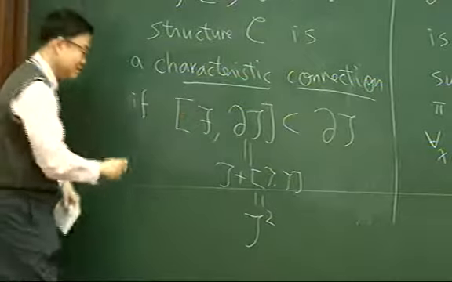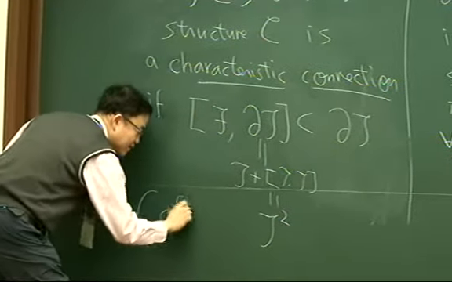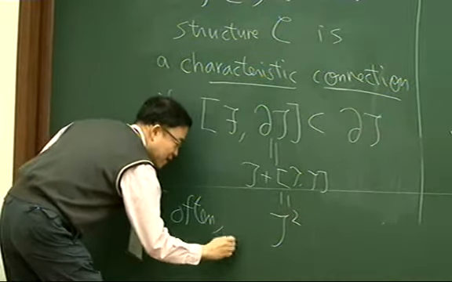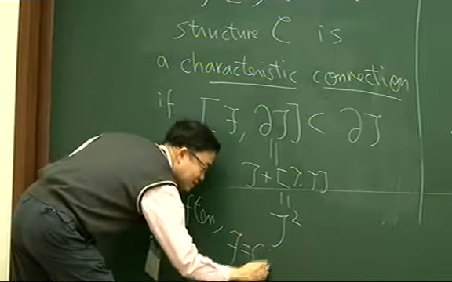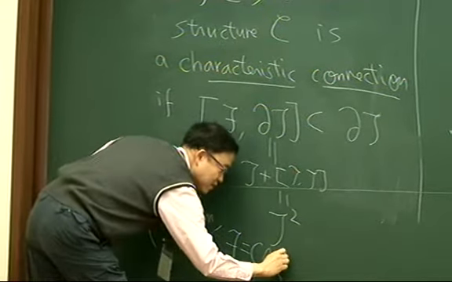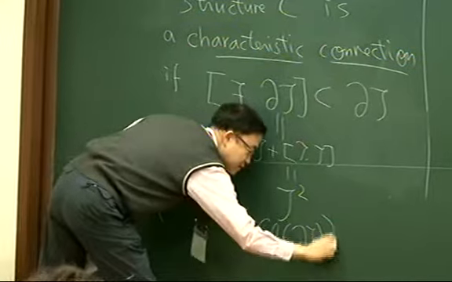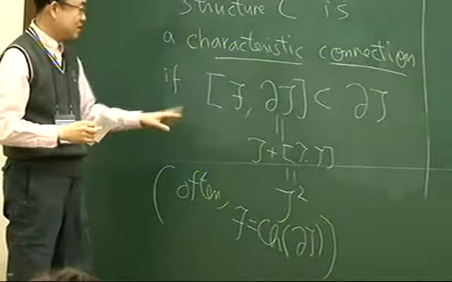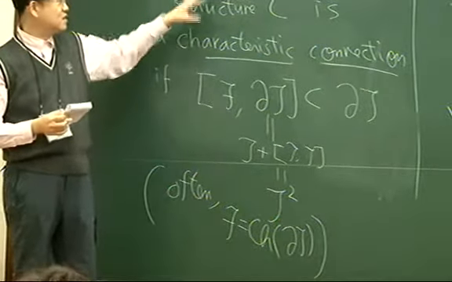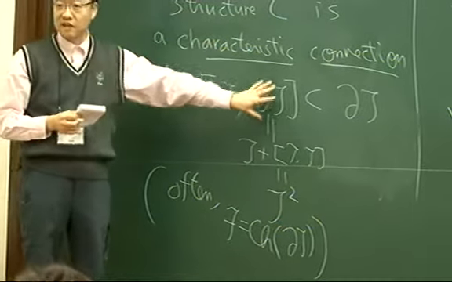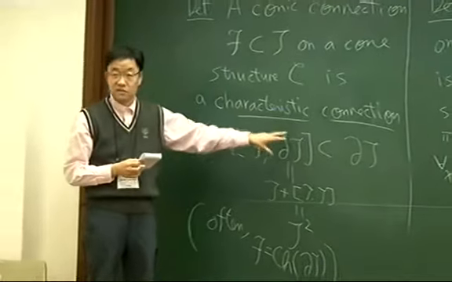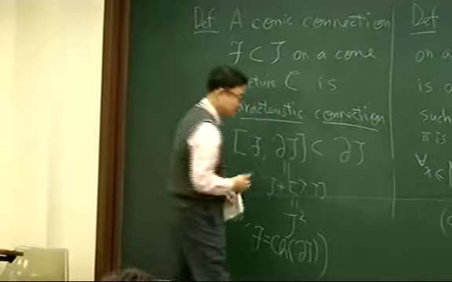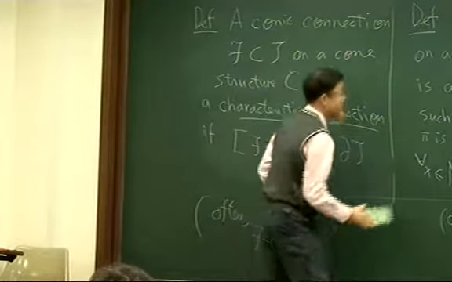In many examples, often this characteristic connection is exactly the Cauchy characteristic of this. But anyway, the definition is that we just require that it's inside the Cauchy characteristic. That's the definition of characteristic connection.